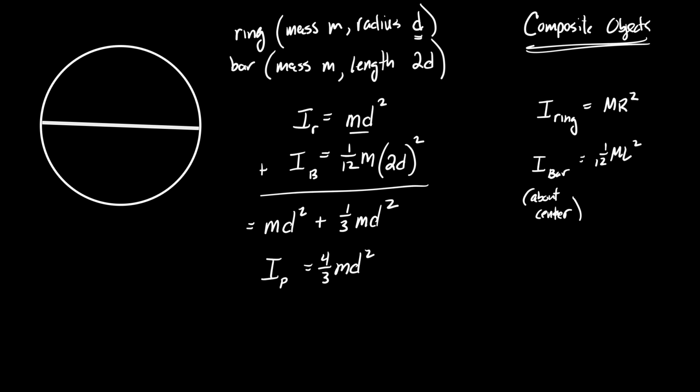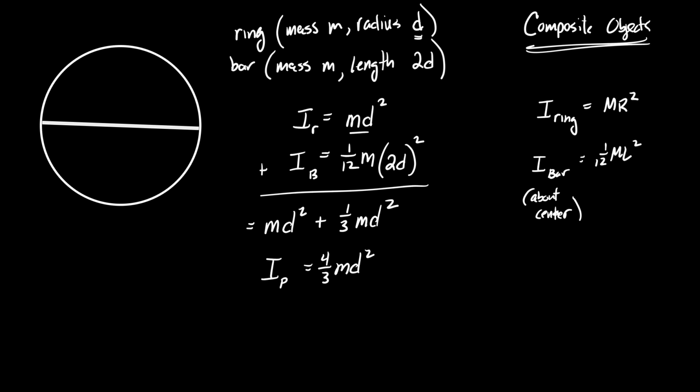It is a composite object. Any questions about what I mean by a composite object now? It is really common for them to have a composite object like this. They want to see if you understand that you can combine moments of inertia of individual objects into a single object. So for the most part, it'll be nothing more complicated than this.